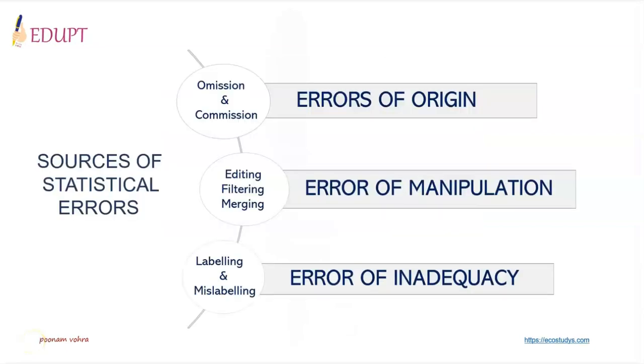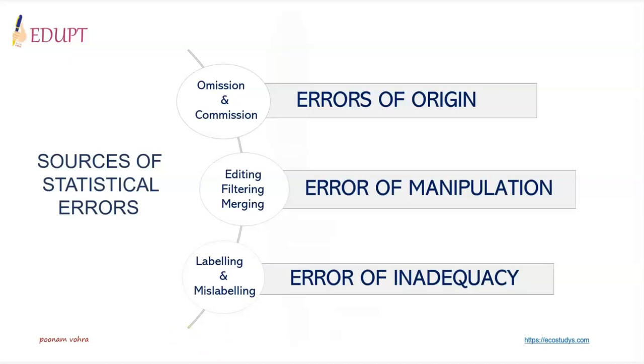While collecting, organizing, or analyzing data, there is a possibility of having errors. So we shall understand what the sources of statistical errors are. Statistical error occurs right at the beginning of data collection or during analyzing or concluding the results.